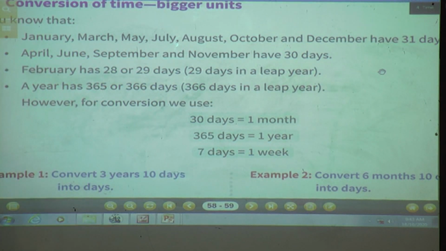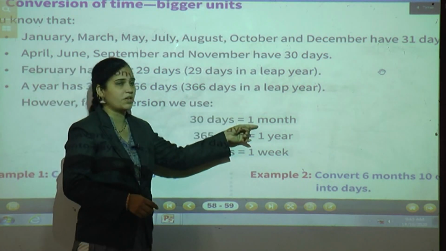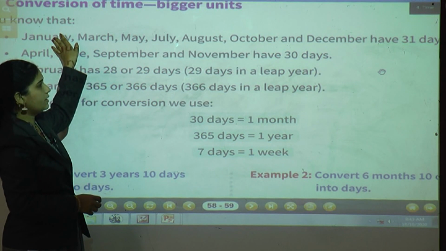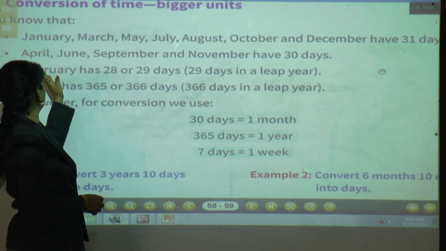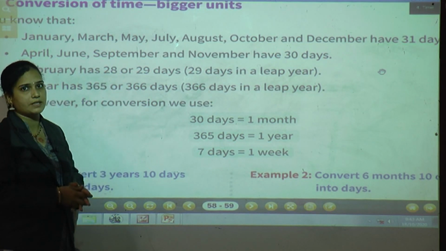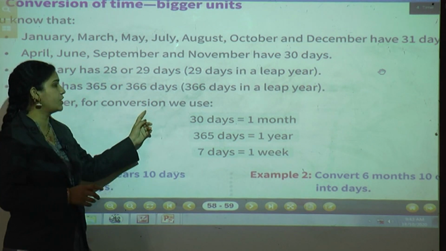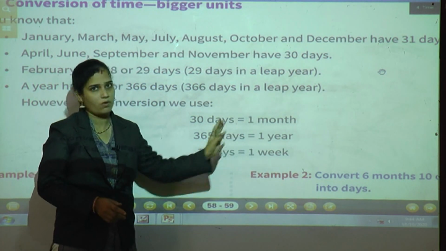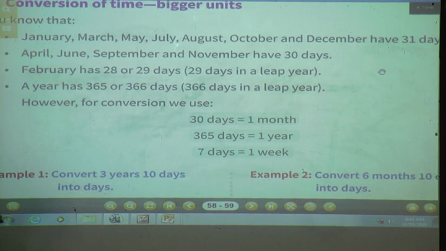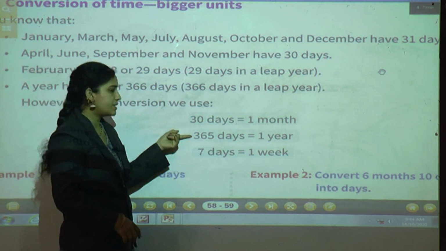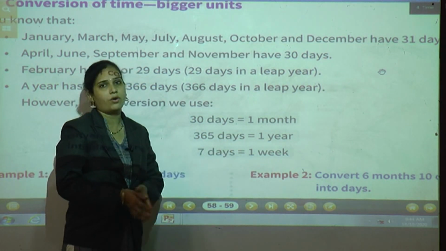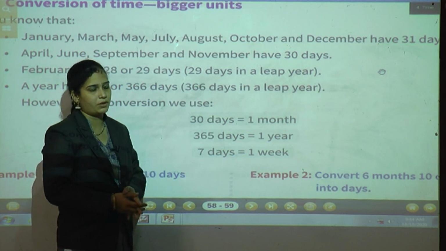However, for a conversion we use 30 days is equal to 1 month. Although some months have 31 days and even February has 28 or 29 days, for the calculation we use 30 days is equal to 1 month. Okay. And 365 days for 1 year and 7 days is equal to 1 week.